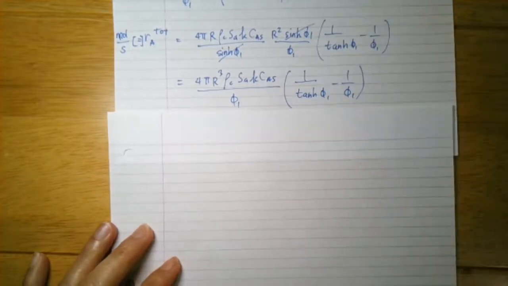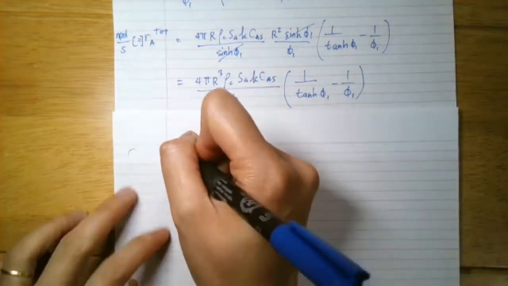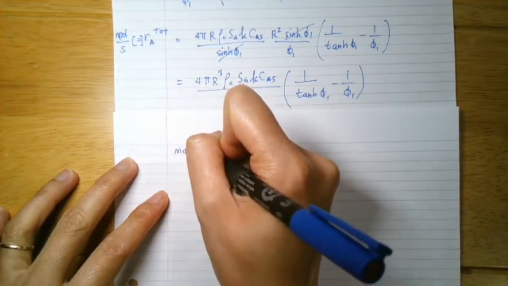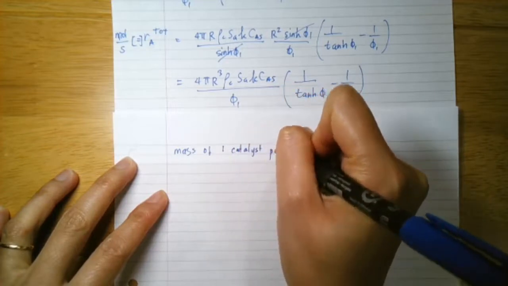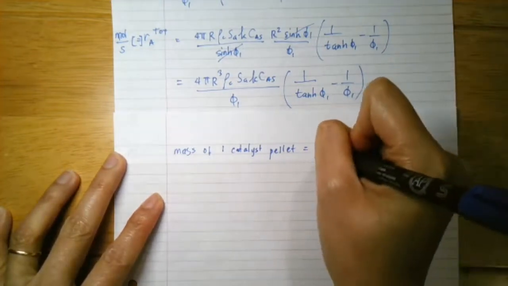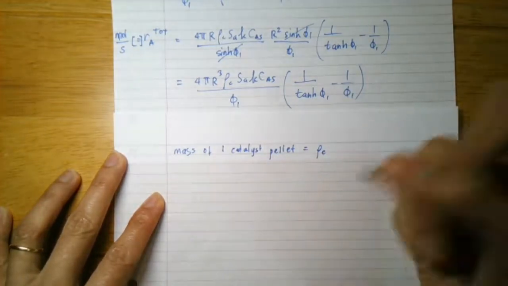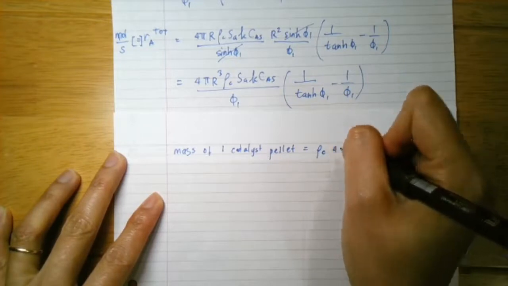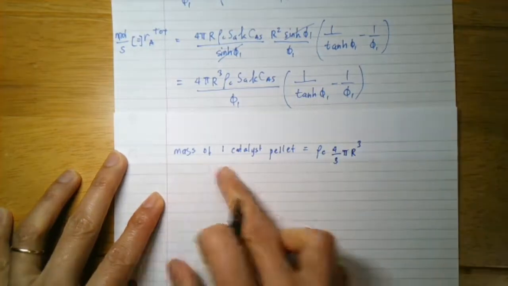So first, let's define the mass of a single catalyst pellet. What is the mass of one catalyst pellet? We can define this as the density of the catalyst pellet times the volume, and the volume is the volume of the sphere, 4/3 pi r cubed.